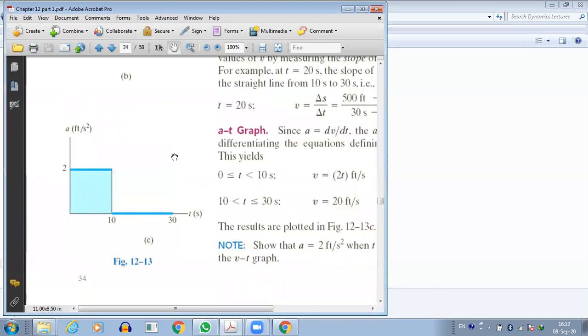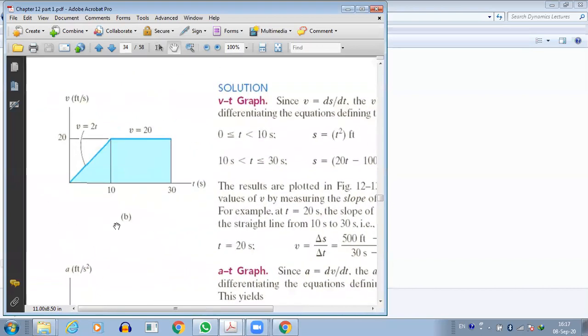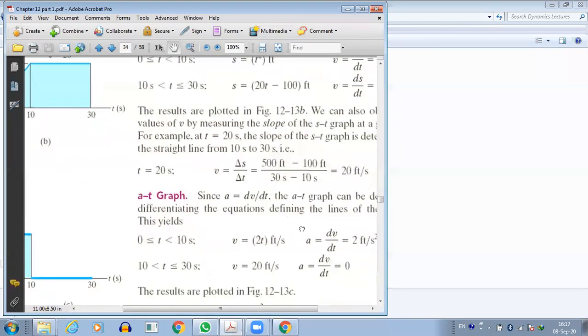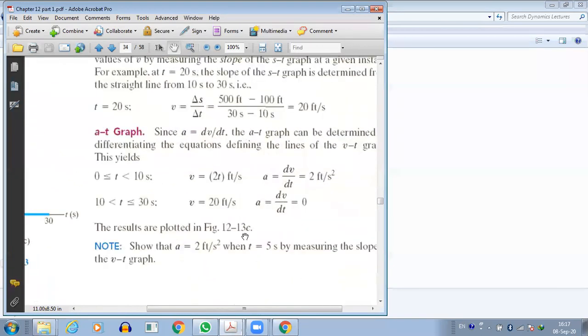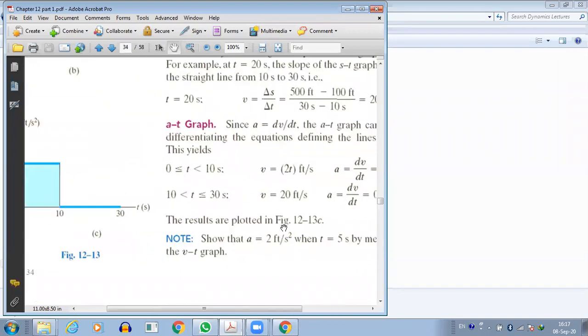We have drawn the VT graph, we have drawn the AT graph. The value here will be 2. The value here will be from 0 to 20, and then 20 will become constant. And this is what is all written here, what I've shown you in the graph. So the question is complete, it's done. Do you understand the solution? Is there anything that you do not understand? Please ask.